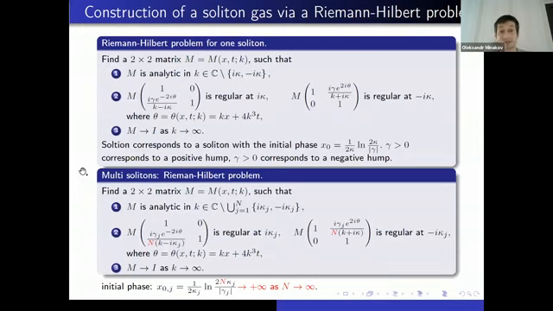Then if we want to construct a soliton gas, first we consider the Riemann-Hilbert problem for n solitons. So we have n solitons, which means that instead of one pole condition, we have n pole conditions. Now we introduce some scaling parameter n into these pole conditions.